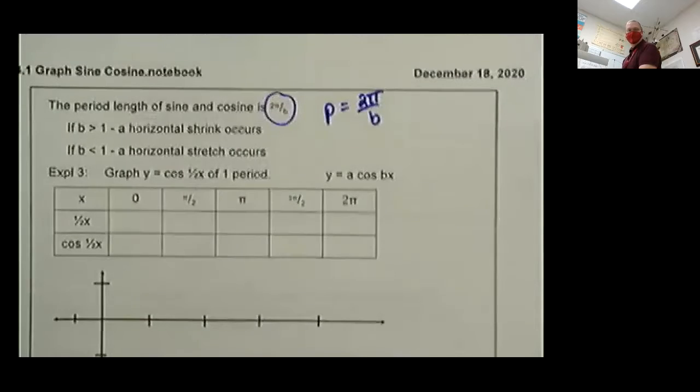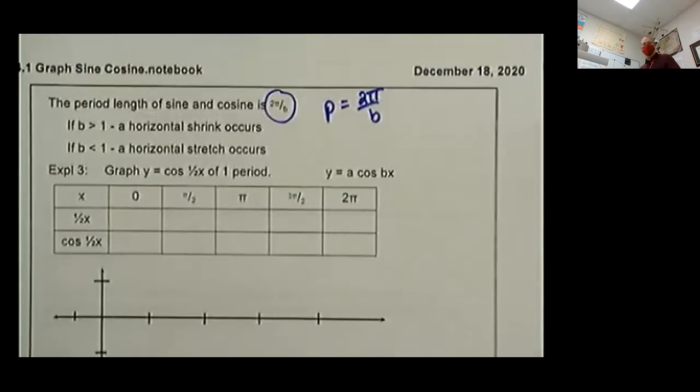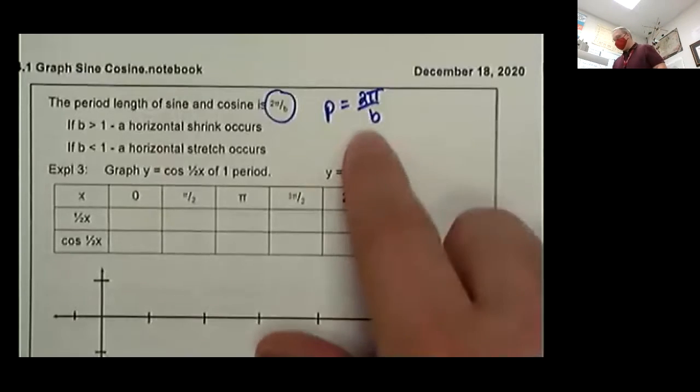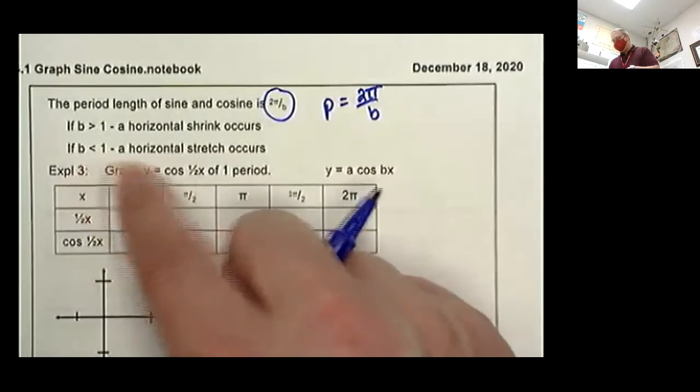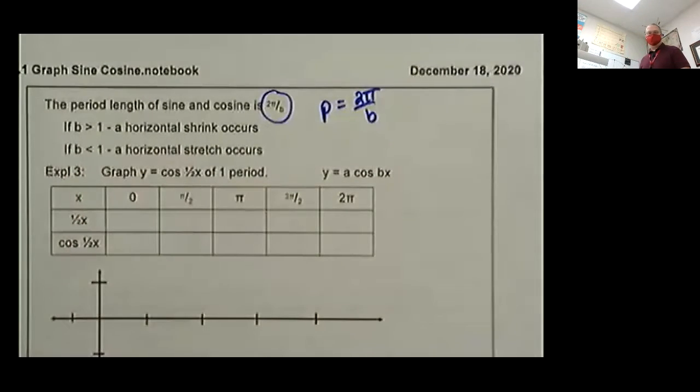If b is greater than 1, a horizontal shrink occurs. And the reason that happens is because as we go faster around the circle, it takes us less time to complete a period. So it's a shrink. If we make b a smaller number, it's going to take us longer to complete our cycle, and that's going to be a horizontal stretch.